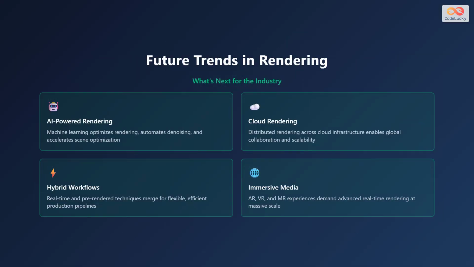The future of rendering is being shaped by several exciting trends. Artificial intelligence and machine learning are being used to optimize rendering automatically, accelerate denoising to reduce noise in rendered images, and enhance scene optimization. Cloud rendering distributes rendering work across cloud infrastructure, enabling global collaboration and massive scalability.